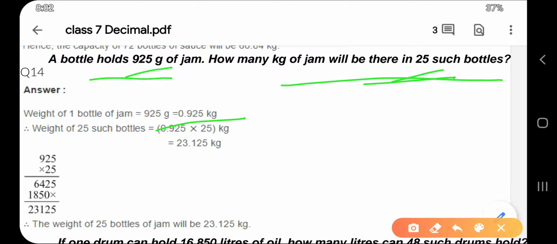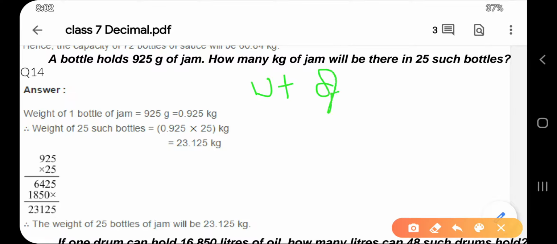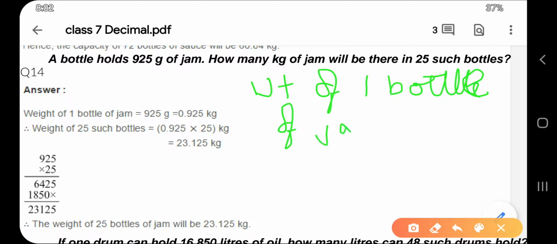Suppose you have not converted, you have just written 925 multiplied by 25. You have just written that the weight of one bottle of jam is 0.925.